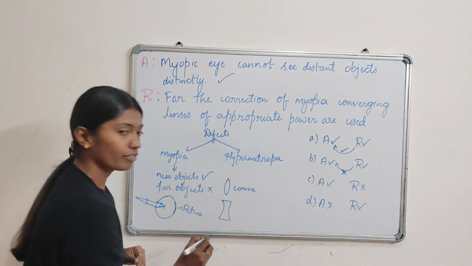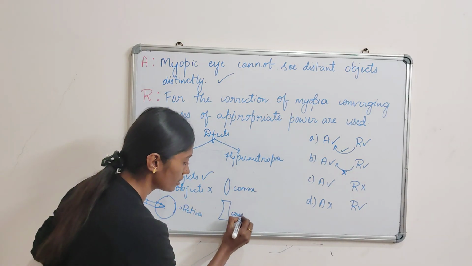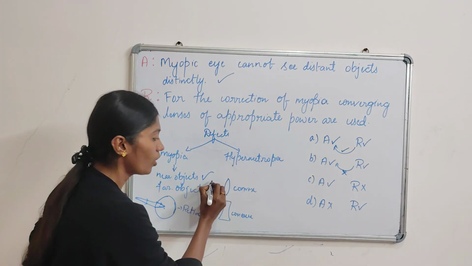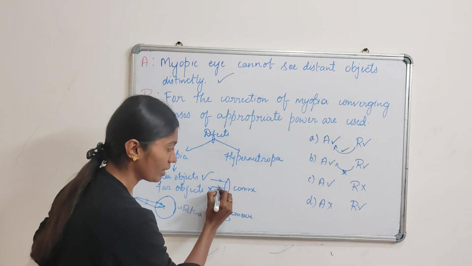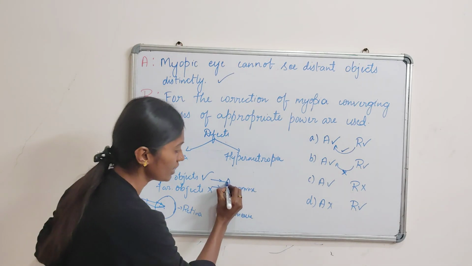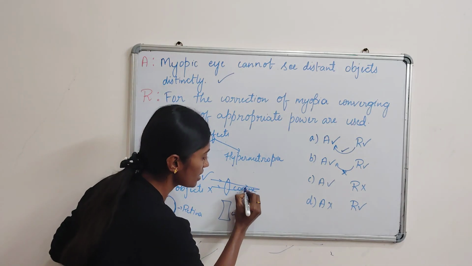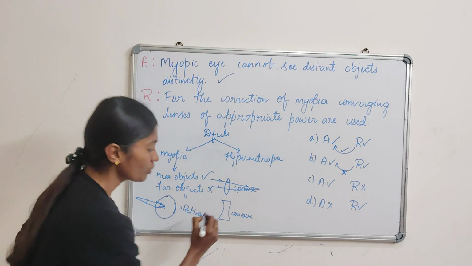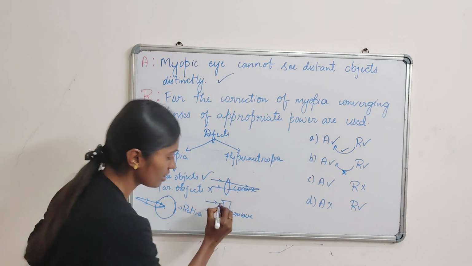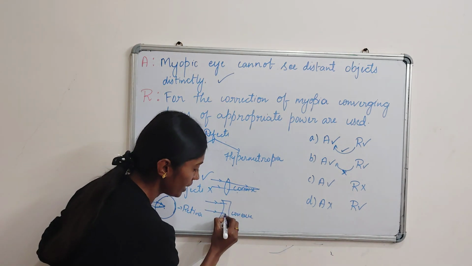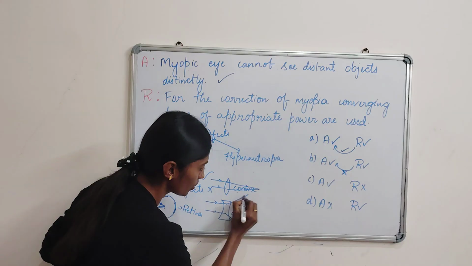The convex lens is a converging lens. The property of the convex lens is to converge the rays, that means to intersect the rays. Whereas the concave lens is a diverging lens. If the rays are coming, it is not going to intersect, it is going to diverge.